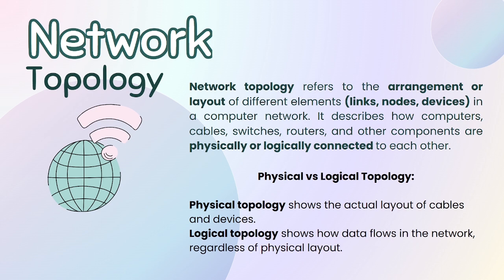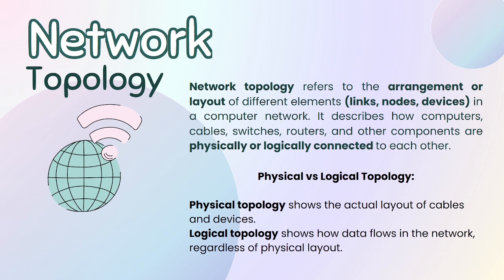Network topology. Network topology refers to the arrangement or layout of different elements like links, nodes, devices in a computer network. It describes how computers, cables, switches, routers, and other components are physically or logically connected to each other.